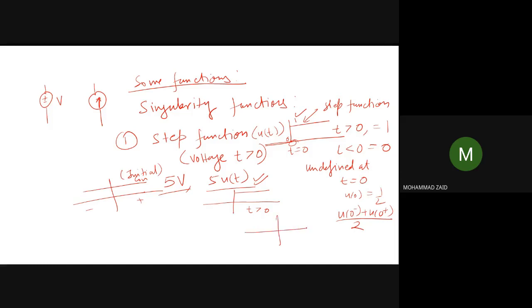Another function which is famously called the impulse function, we will try to solve some numericals from that also. That function is defined as delta(t). The area under delta(t) from minus infinity to infinity dt is equal to 1.